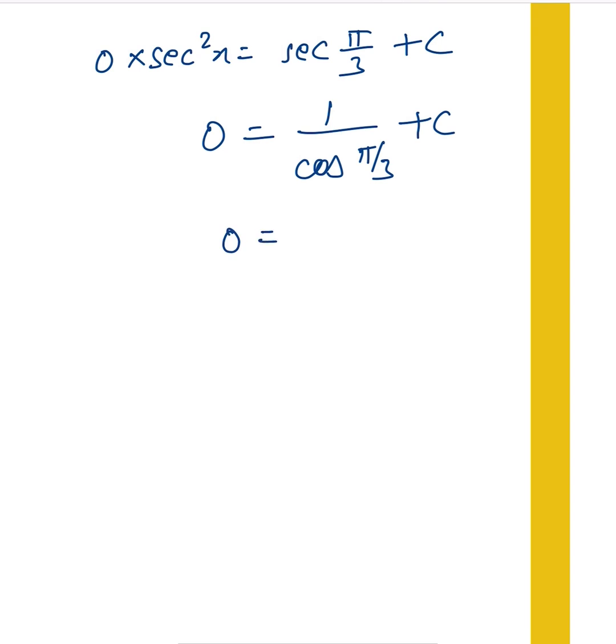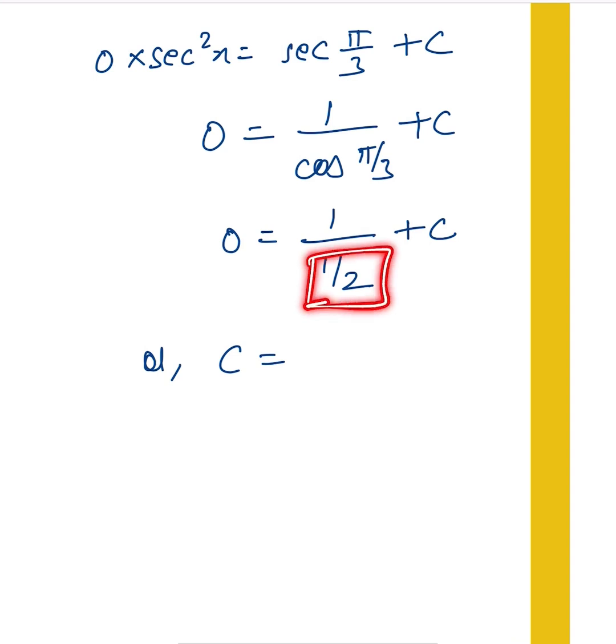So 0 is equal to 1 divided by 1 over 2 plus c, or c equals, this 2 is going to come up. Whenever you have a fraction in the denominator, you change the division like this. I'm gonna first write 1 times.